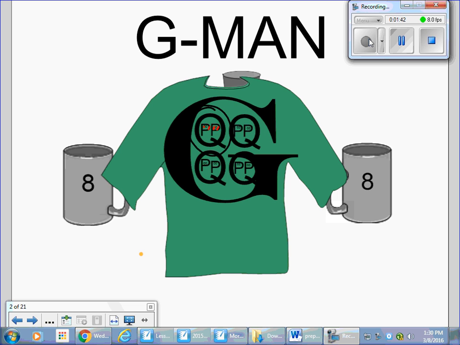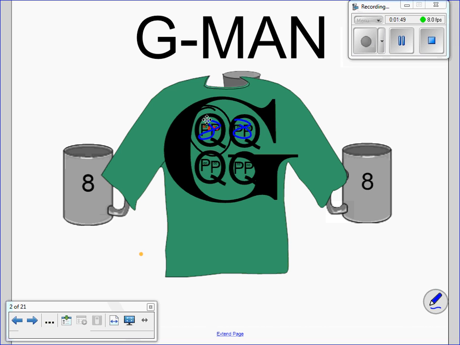So then how many cups do we have in an entire gallon? If I have 4 here, 4 here, 4 here, 4 here, I have 16 cups inside my gallon, okay?